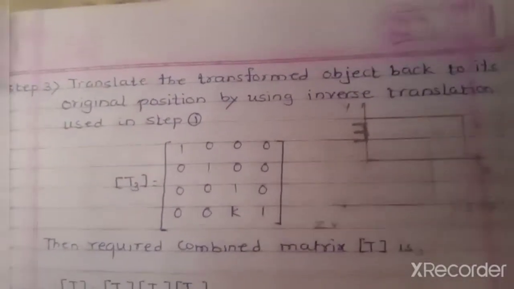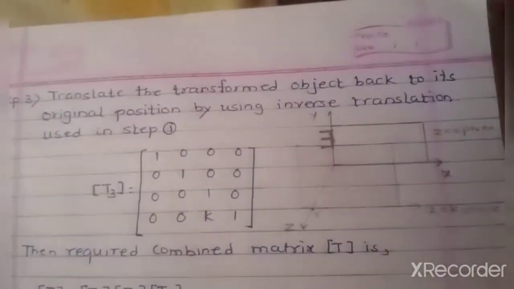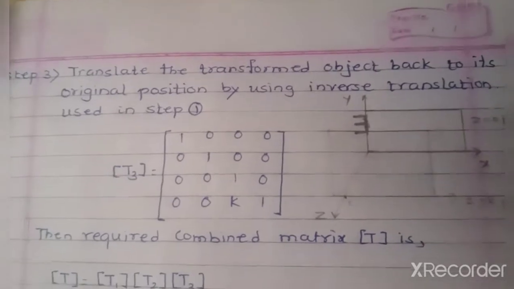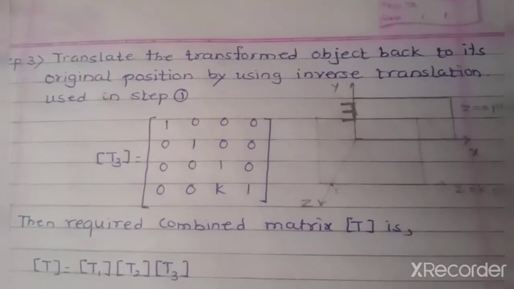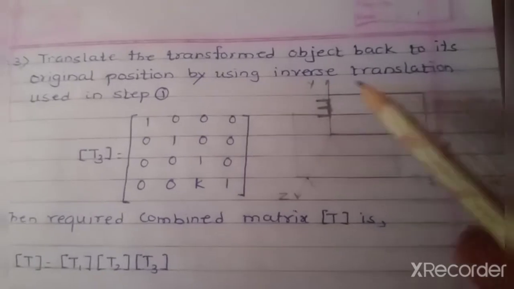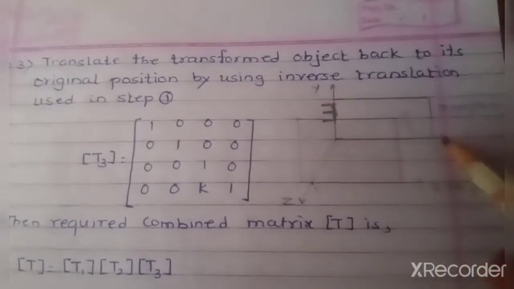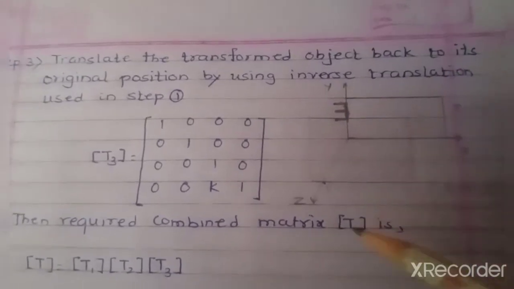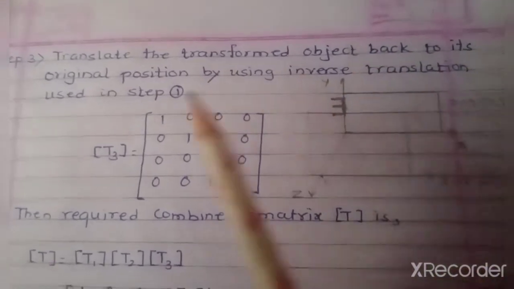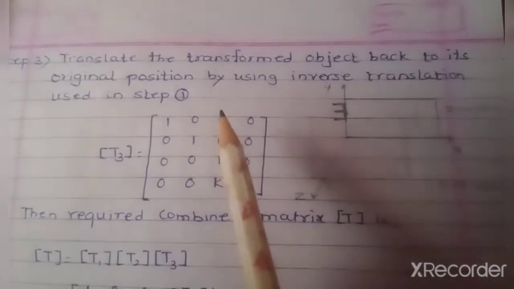Step three: translate the transformed object back to its original position by using the inverse of the translation used in step one. Here the planes coincide, so we apply the inverse translation, the inverse of the translation in step 1.